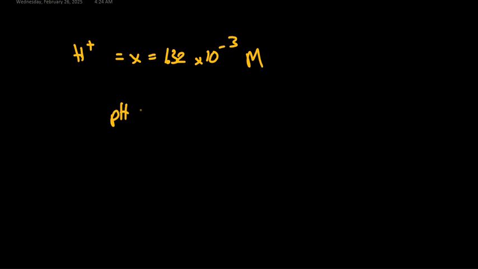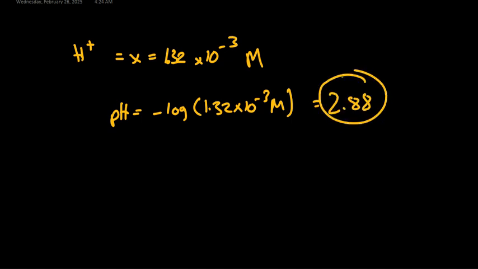The pH will be the negative logarithm of 1.32 times 10 to the minus 3, and that should give us a value close to 2.88 pH. So it's a pretty good acid in terms of strength, and that's how we calculate the pH for any weak acid.